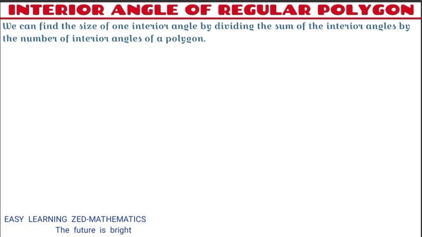Now, I want to mention that the sum of interior angles is something that doesn't change for a given polygon. The sum of interior angles of a pentagon is 540 degrees. That is constant. It never changes. It is always 540 degrees.